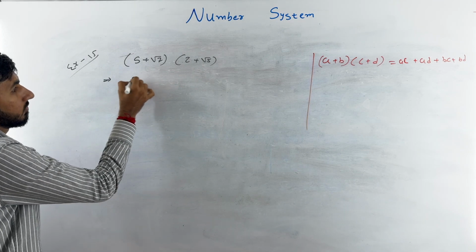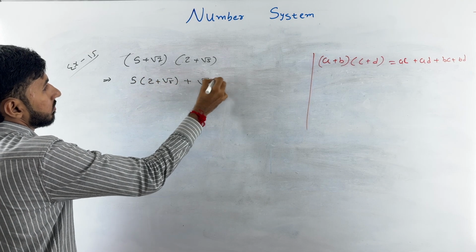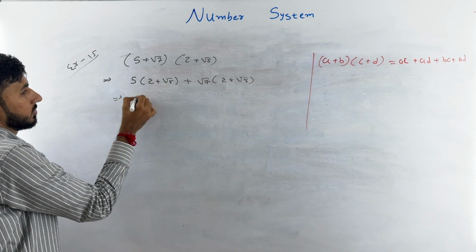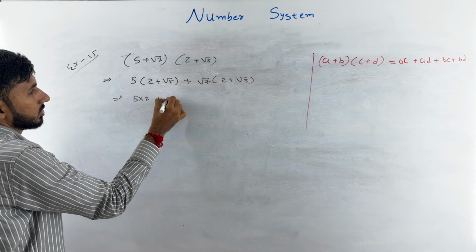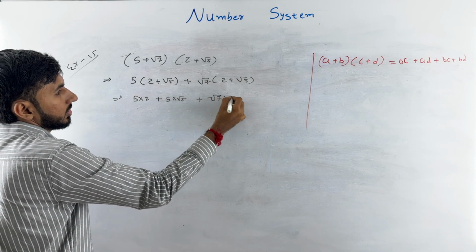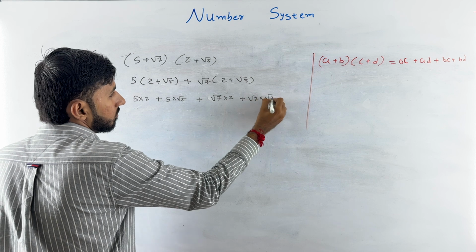I have to multiply 5 with 2 plus root 5, then root 7 with 2 plus root 5. So this will become 5 multiply 2 plus 5 multiply root 5 plus root 7 multiply 2 plus root 7 multiply root 5.